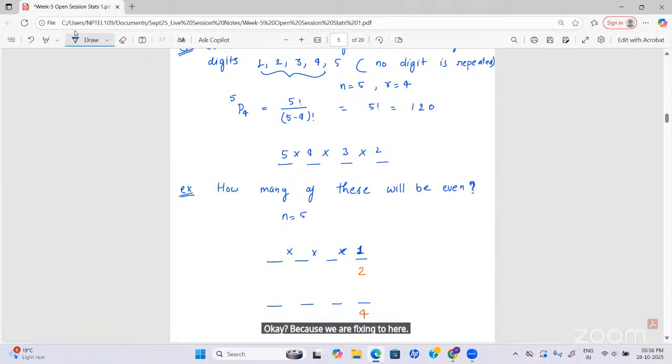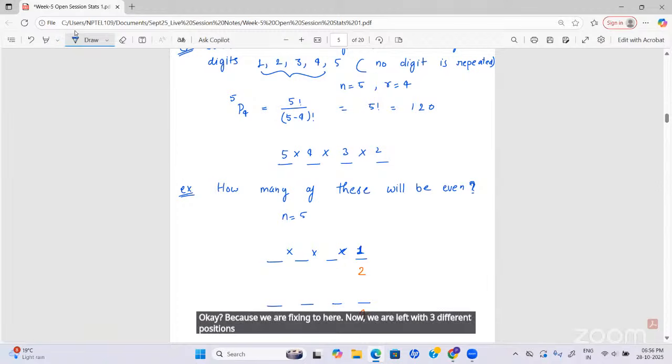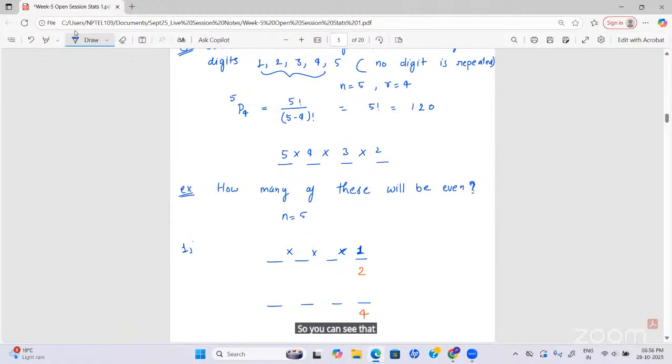Now we are left with 3 positions to fill. Out of 1, 3, 4, and 5 we have to select the numbers, because 2 is already fixed and repetition is not allowed. So we are left with these 4 numbers, and we have to fill these 3 positions.